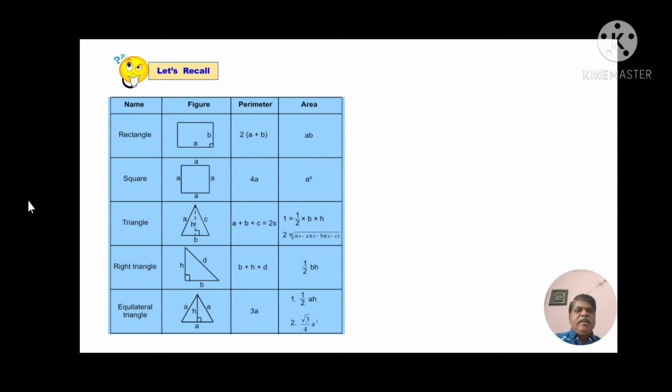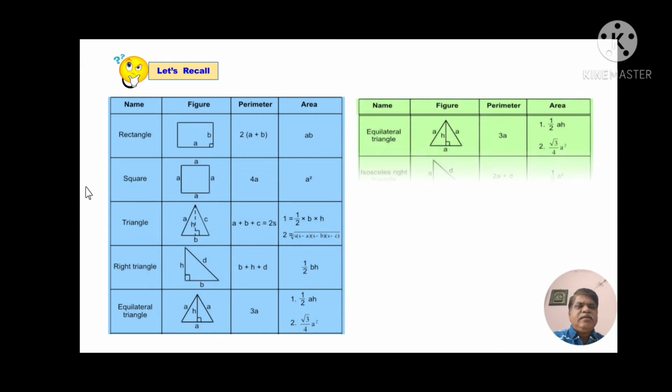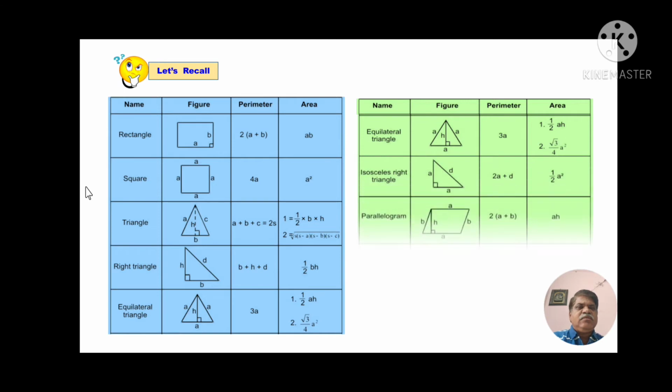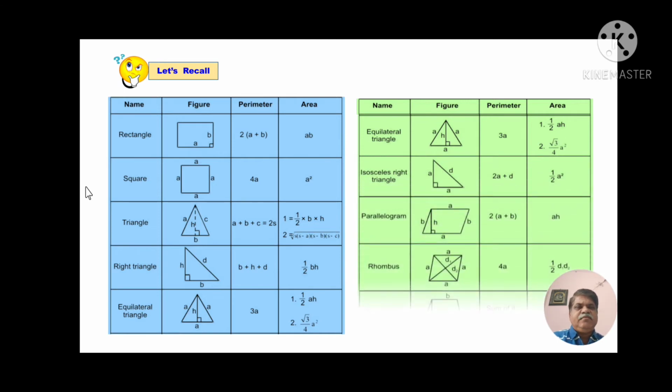Friends, equilateral triangle whose side is a. At that time its perimeter is 3a and area is root 3 by 4 into side square. Next, one more figure, the same equilateral triangle having side a and height h, area could be half into a into h.